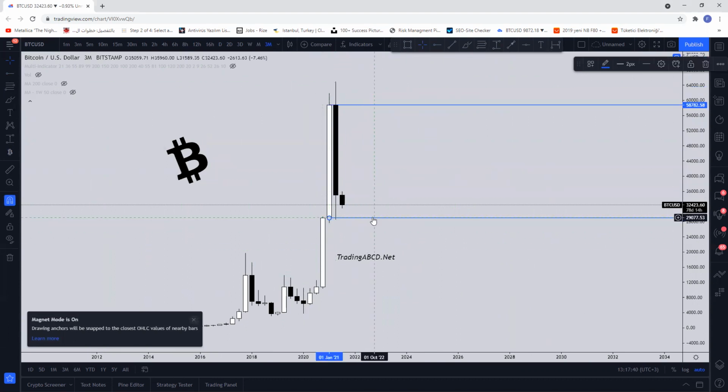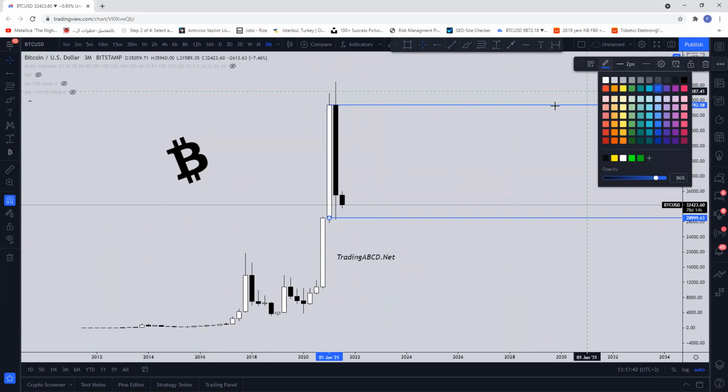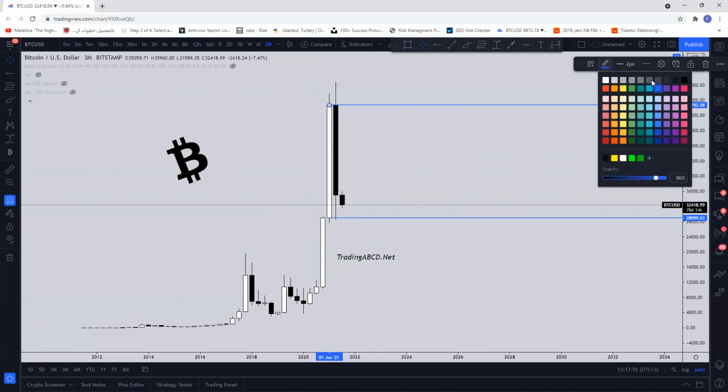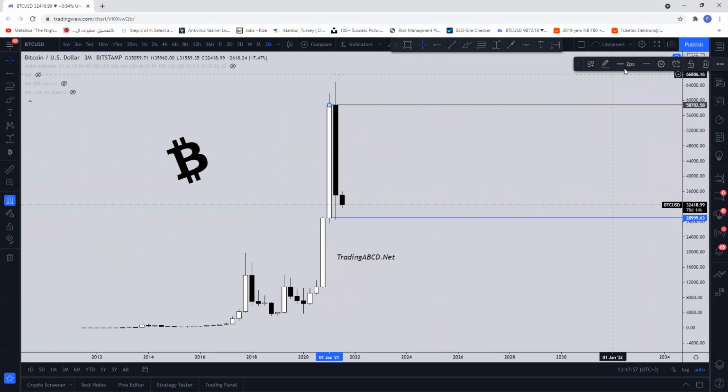levels. As we can see, we have been trading inside these two levels. Even when we pumped up to 65K or dumped below 30K, we are still inside these two quarterly levels. So let's start by pointing these levels.